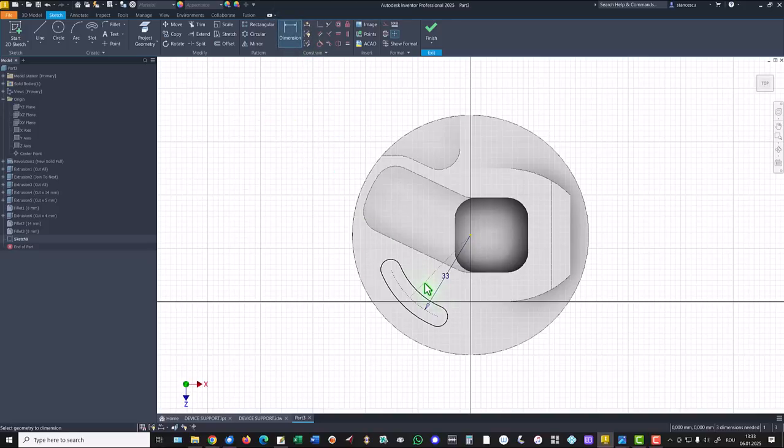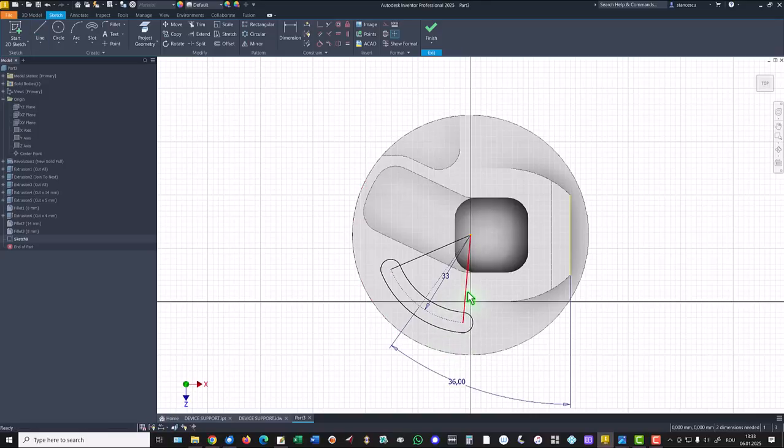This angle is 36. I draw other two lines, this and this.